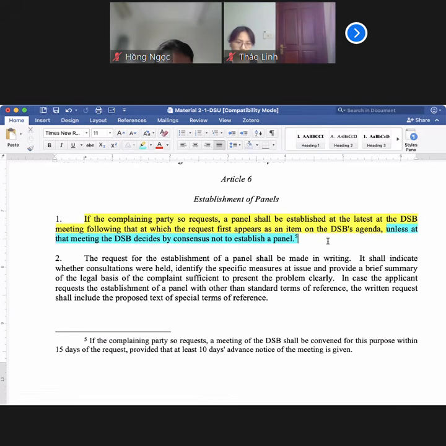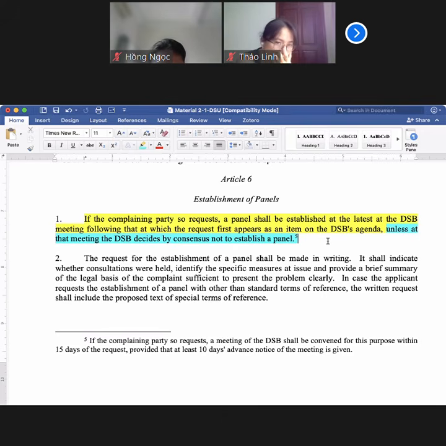Now you may think about the chance that there are no objections to this requirement to establish a panel. Think about this closely. When we talk about the dispute settlement body, we know that it consists of WTO members. In this decision, if we think about the wish to have a panel decide this case, the complaining party always likes to have that decision approved, right?